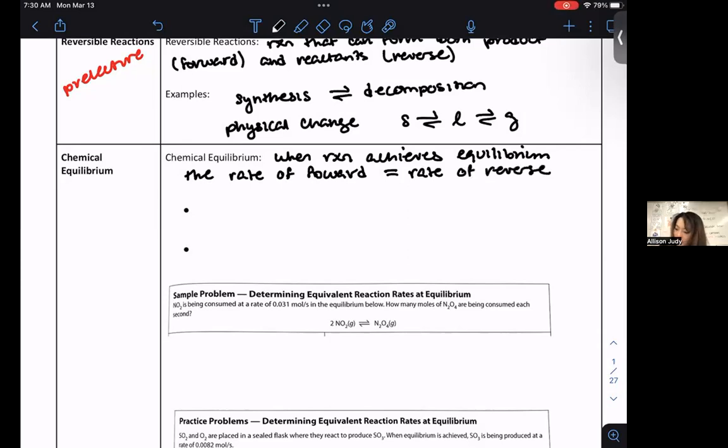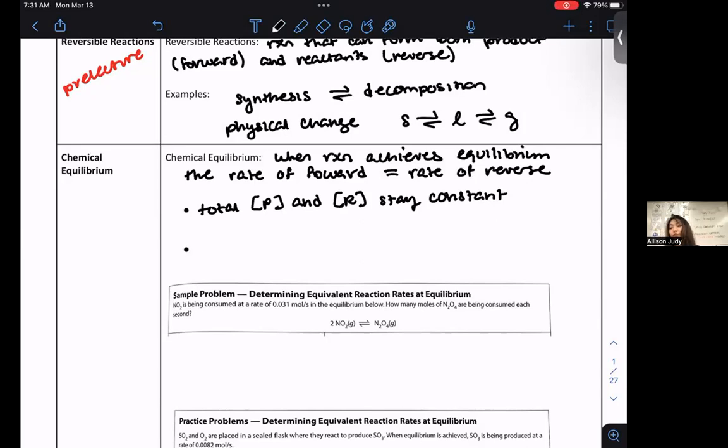All right. And a couple of things that you should realize is that one of the best ways that we can tell if a reaction has reached the status of chemical equilibrium is that the total concentrations of product and reactant stay constant. All right.